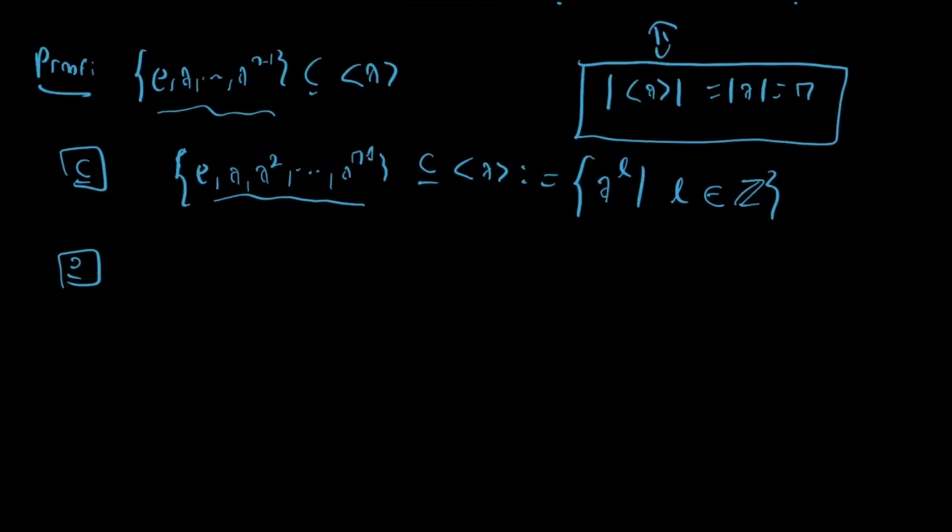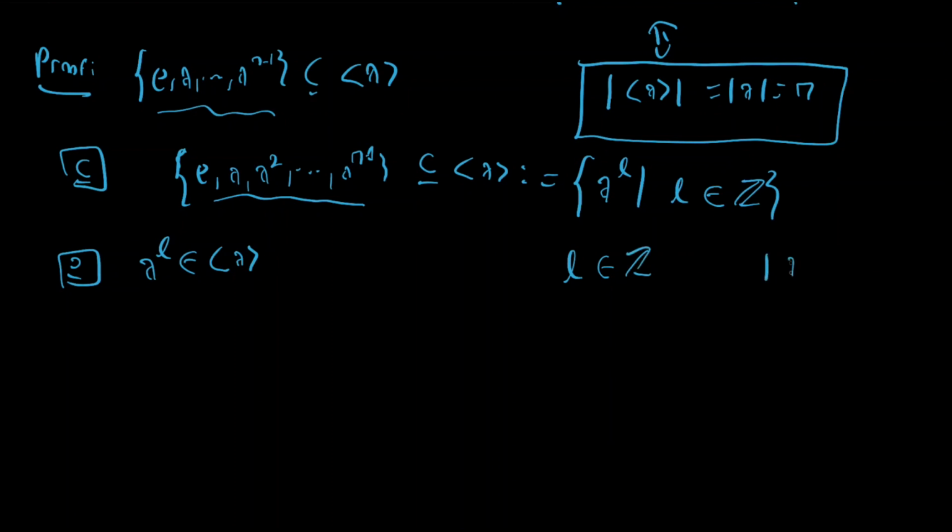So we suppose that we have a general A to the L inside our cyclic subgroup generated by A, because we know that, of course, an element of this subgroup is in general of this form here, so we can call it A to the L already. But we really impose no restriction on L, besides it being an integer.